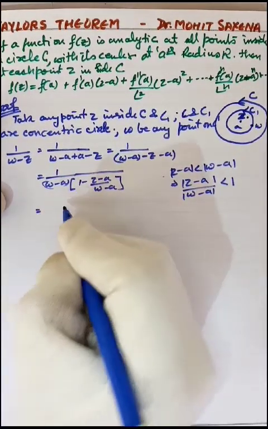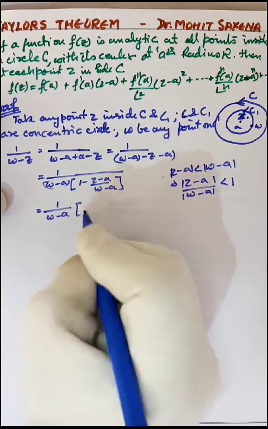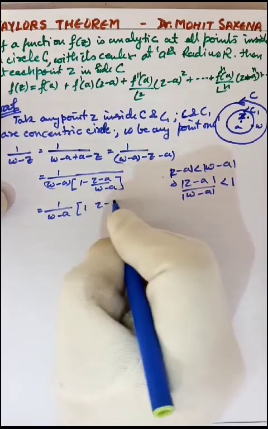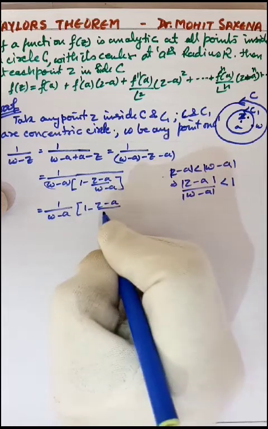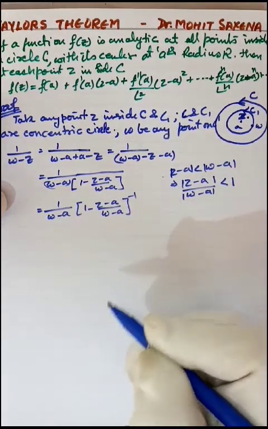binomial expansion. So this expression can be written as 1 upon (W minus A) times 1 minus (Z minus A) upon (W minus A) to the power minus 1.